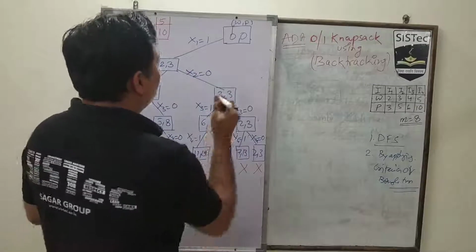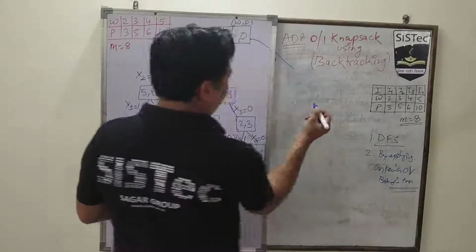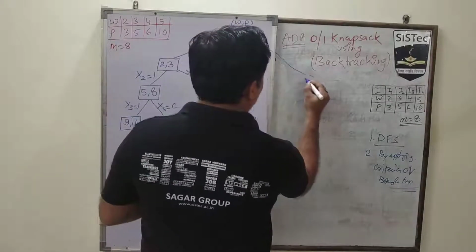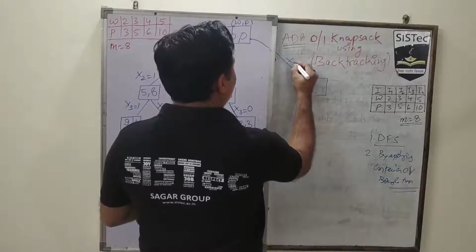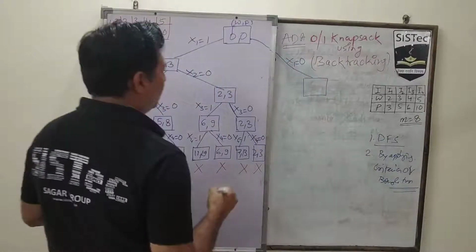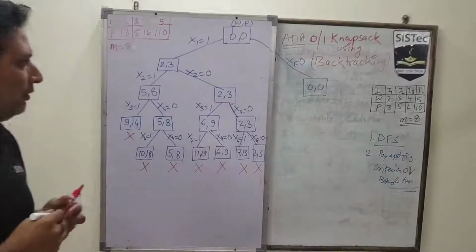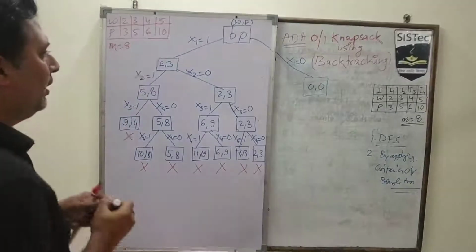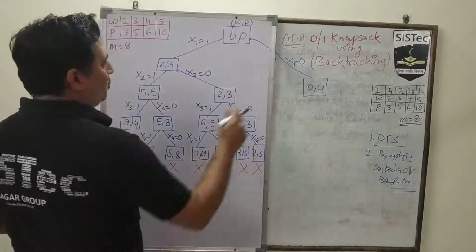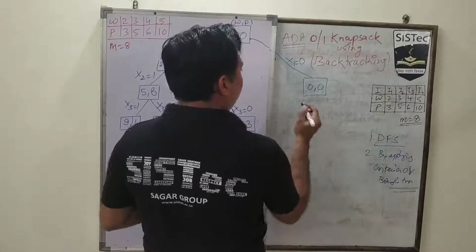So we'll go for another possibility, and now we are not considering 1. So you can see we'll have 0 weight and 0 profit. Now after discarding the first, we'll consider the second weight.